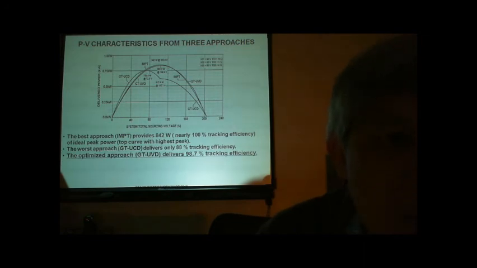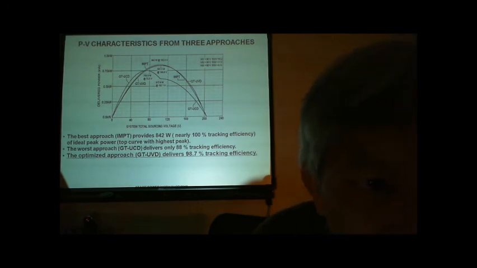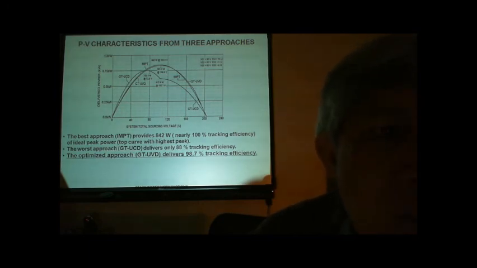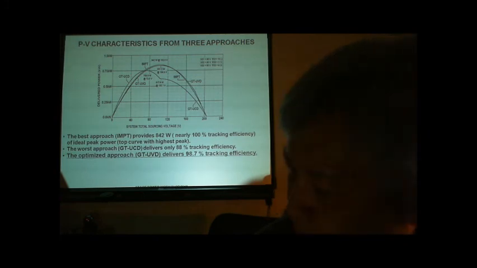The worst approach is group tracking uniform current distribution, delivers only 88% tracking efficiency or around 730 watts. The optimized approach, group tracking uniform voltage distribution, which is the main focus of this presentation, delivers 98.7% tracking efficiency.